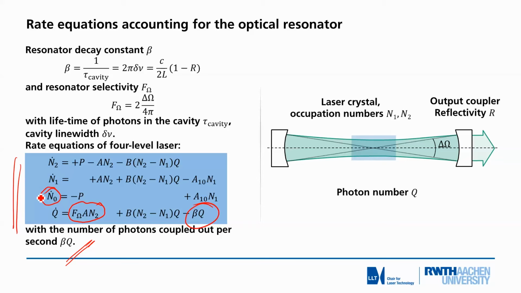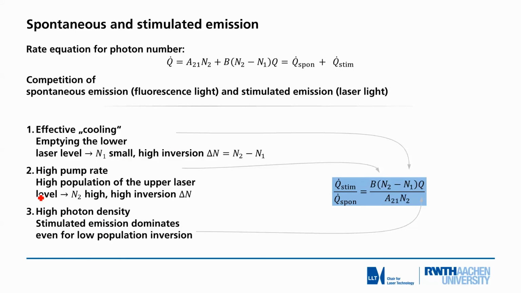So the higher the pump rate, the higher is the depopulation of the ground state. So those are finally the rate equations, and if we analyze them and take a look at the ratio of the number of photons generated stimulatively versus the number of photons generated spontaneously, then we observe a very simple equation, and this equation tells us that number one, if we have effective cooling, then the laser level N1 will be small and we will have a high inversion, and by inversion we mean the difference of the upper laser level to the lower laser level, N2 minus N1.